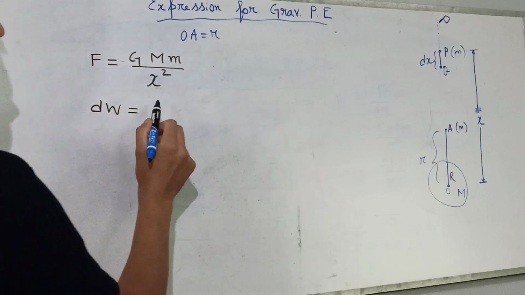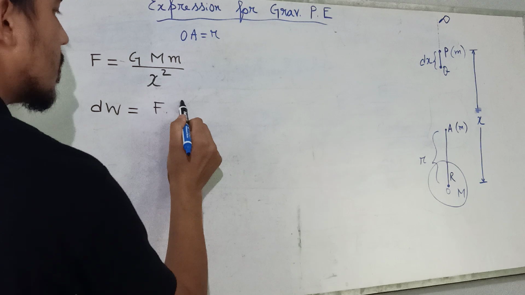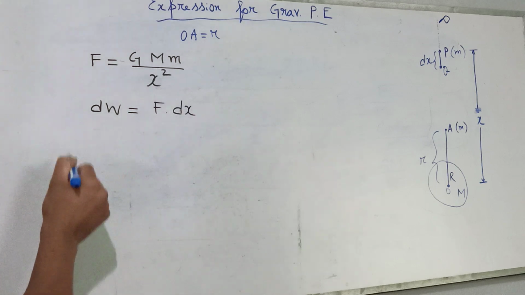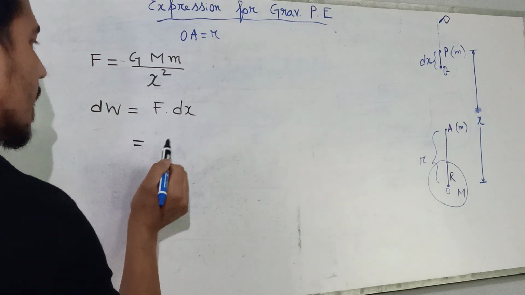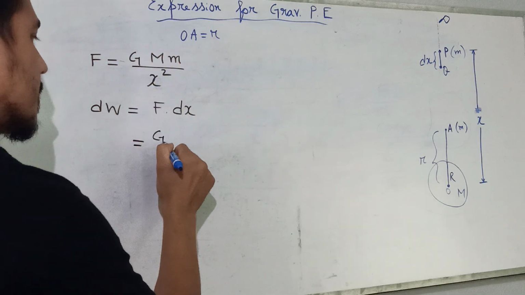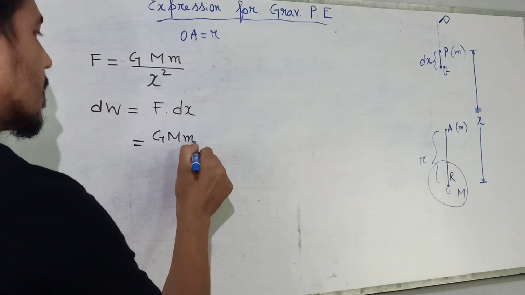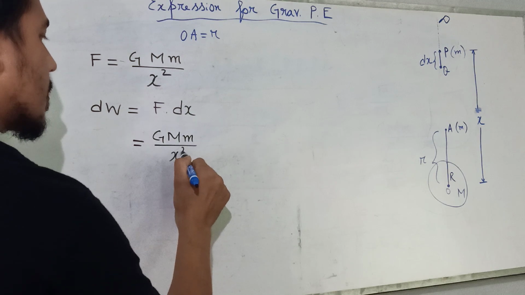Work done is given by force into displacement. Now we have seen that F is G capital M into small m by x squared, into dx.